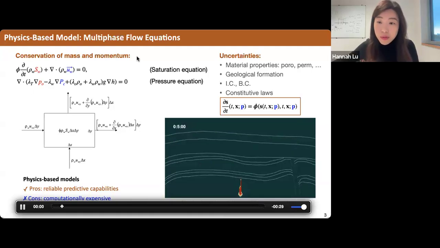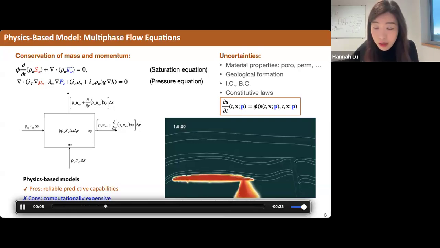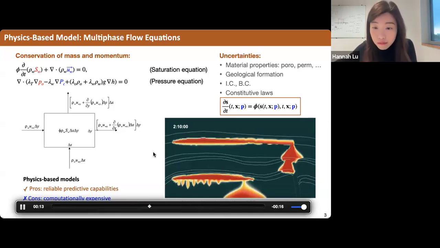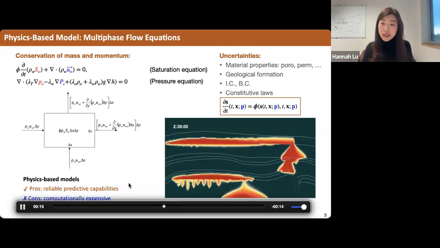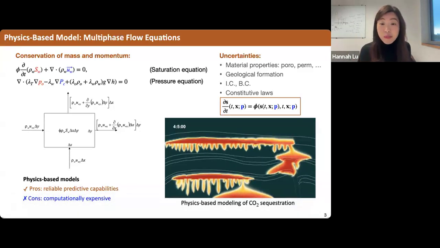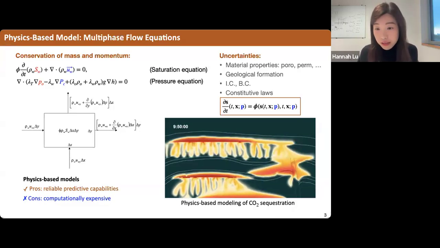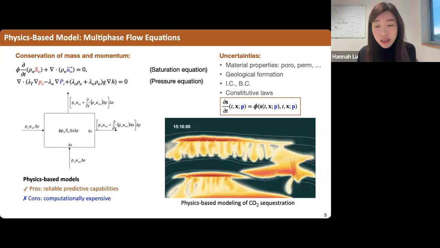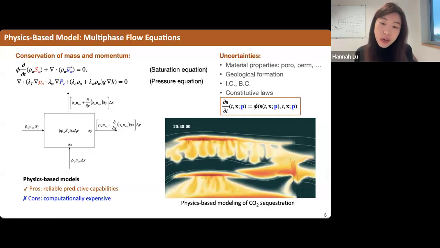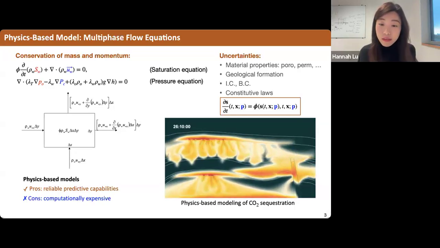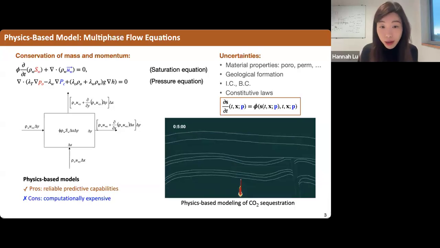If you represent all of the parameters in P, then it is indeed a parametric system, and the parameter can be of very high dimension. So to assess these different scenarios or design an optimization operation, we will need to run this expensive simulation many times at different parameter samples, and this becomes computationally impossible.